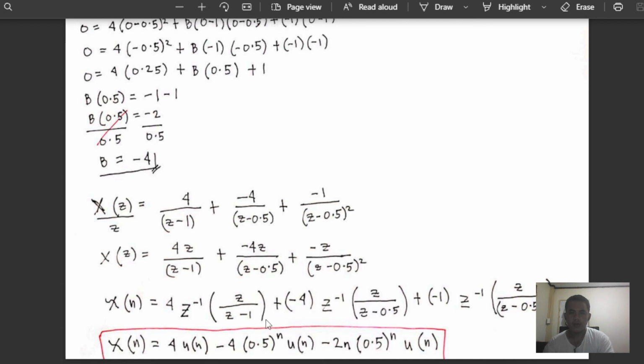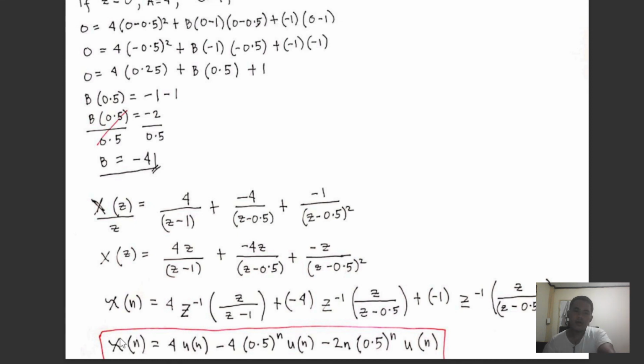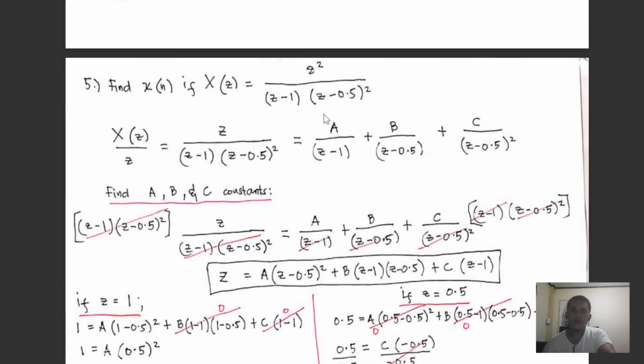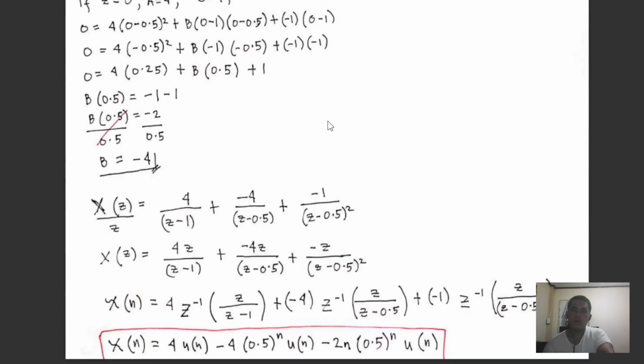Then we get the inverse z transform, which is 4u[n] minus 4 times 0.5 raised to the power of n u[n] minus 2n times the quantity 0.5 raised to the power of n u[n]. So this is the inverse z transform of the following system. So that will be all. Thank you.